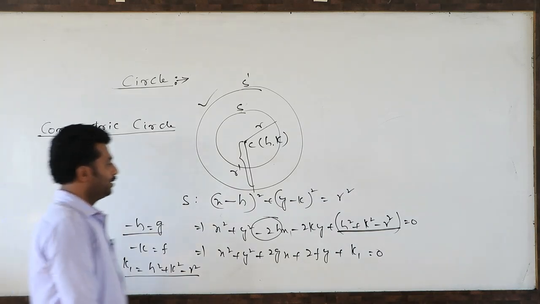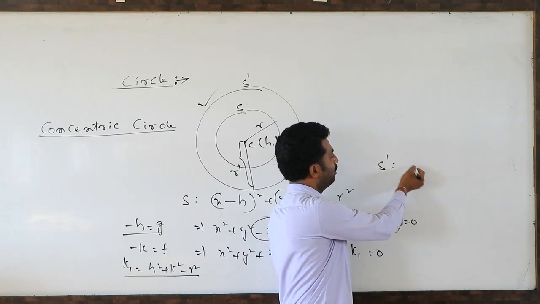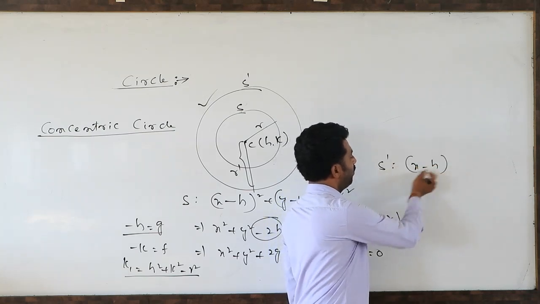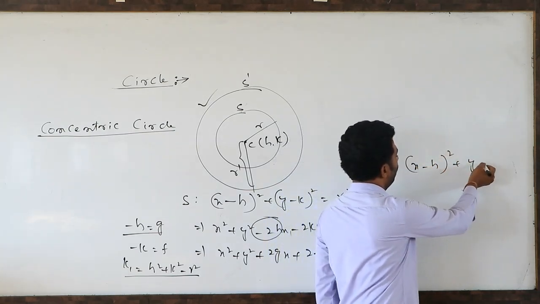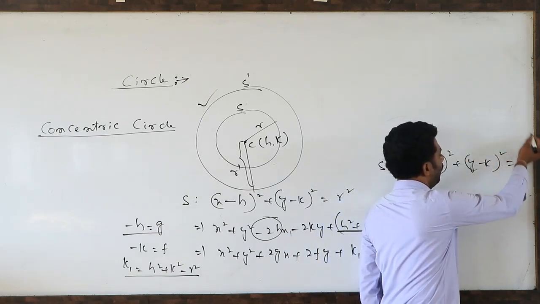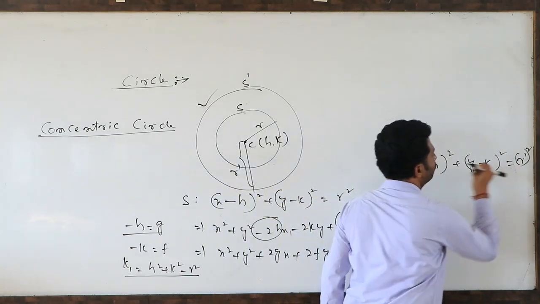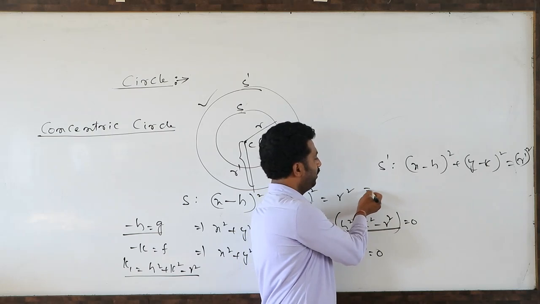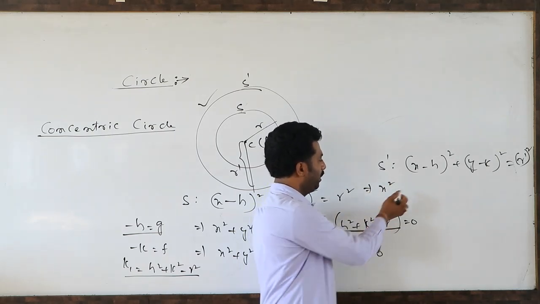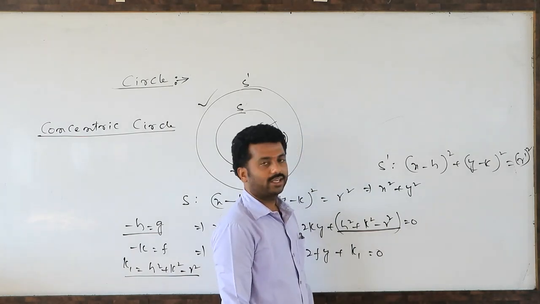Okay. Second circle, what is s dash? You observe, same center: x minus h whole square, y minus k whole square equal to r dash whole square. If I expand this one, again what will we get? x square plus y square minus 2hx.